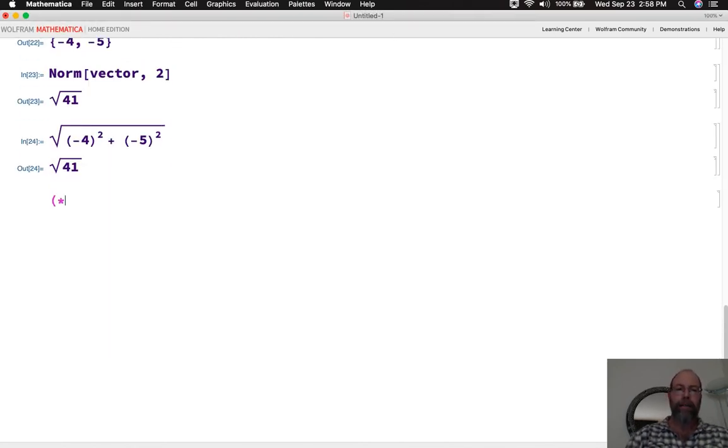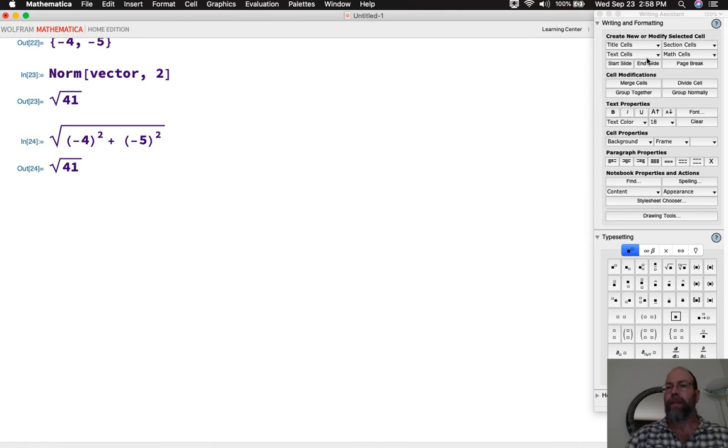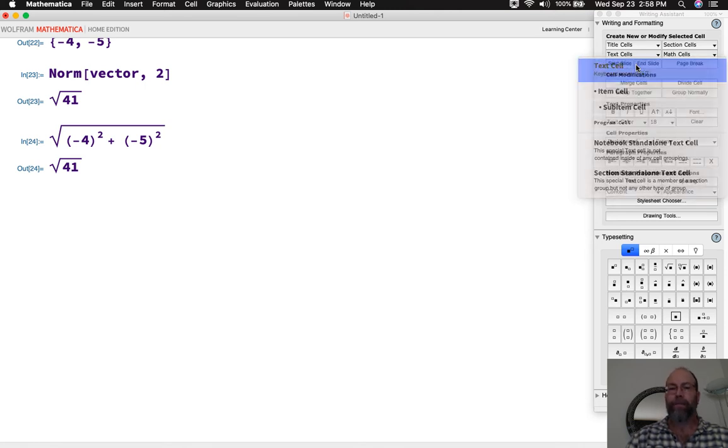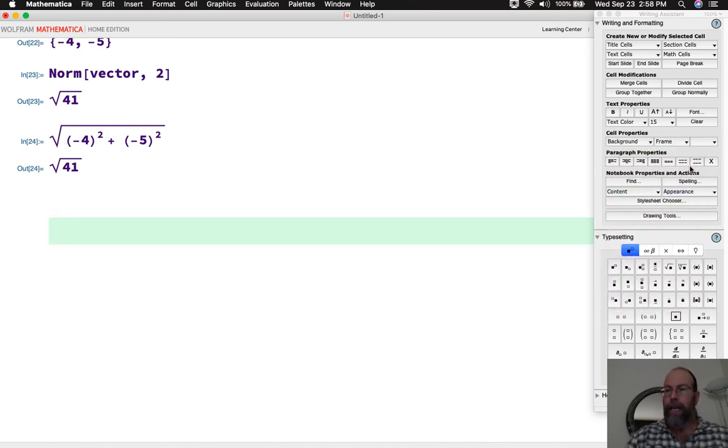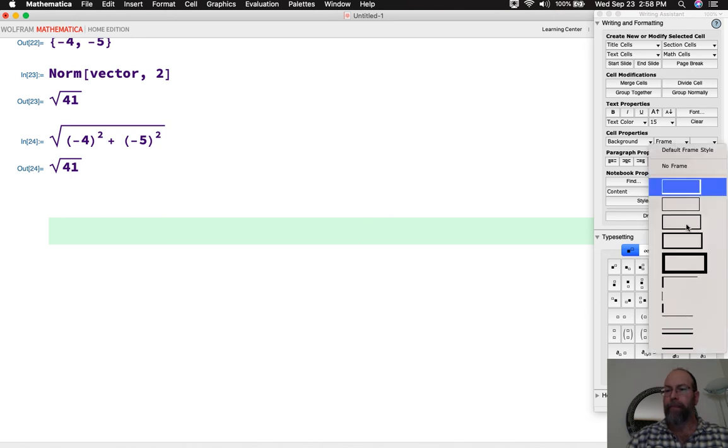Let's say I want to find the plane that contains... Actually, let me put this inside a text box because I think it's going to look a little bit nicer. So palettes, writing assistant, text cell, and background, let's say light green, and frame.